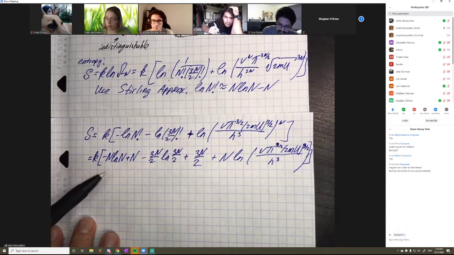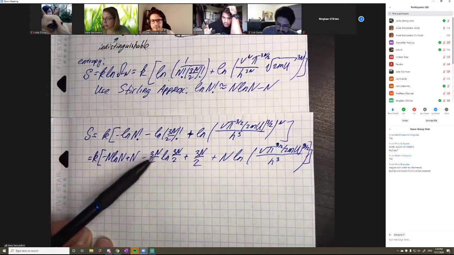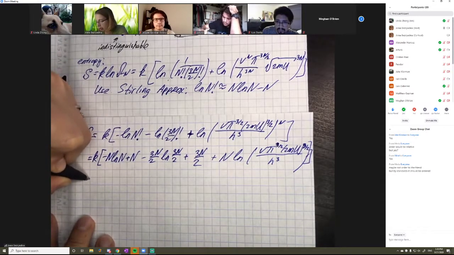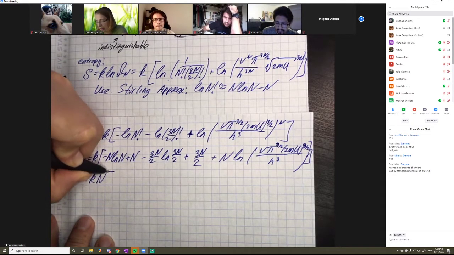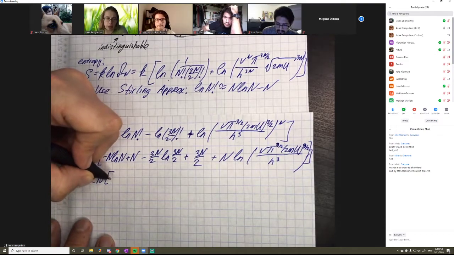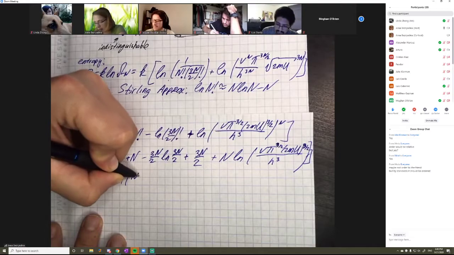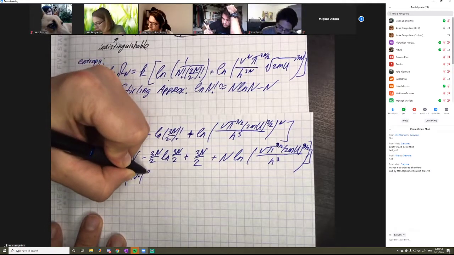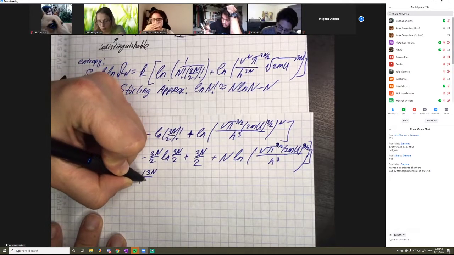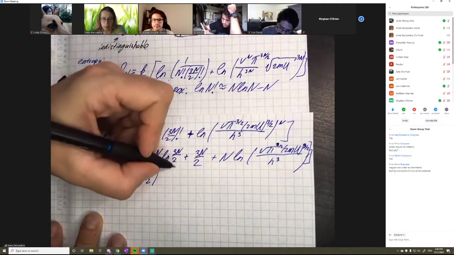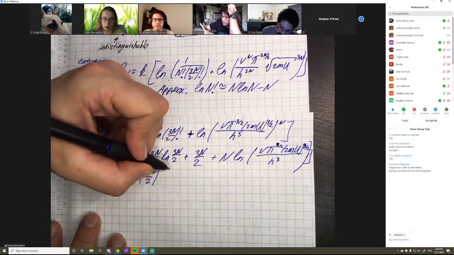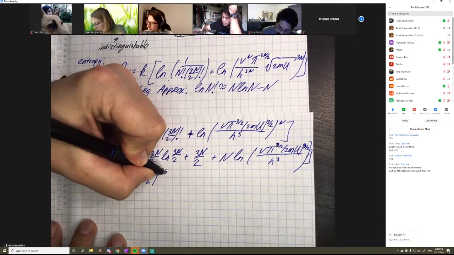Now we can remove n outside. You can see everything has n, and we group it together. So we get kn, and then minus logarithm of n times (3n over 2) in the power of 3 half.